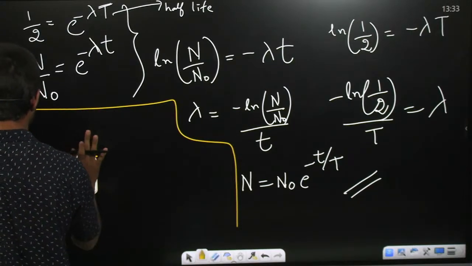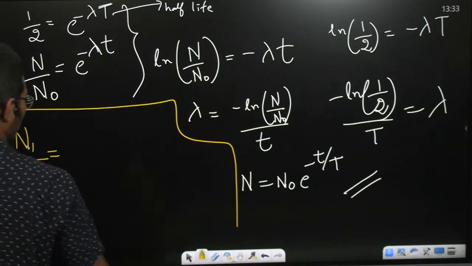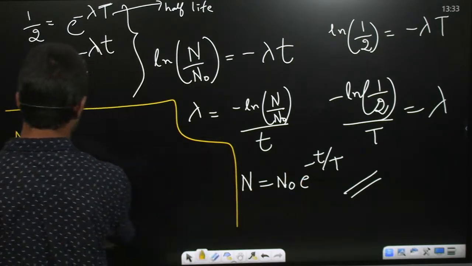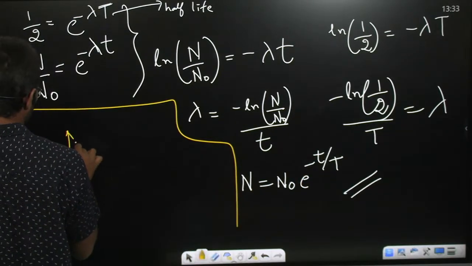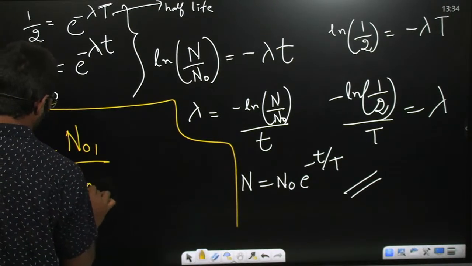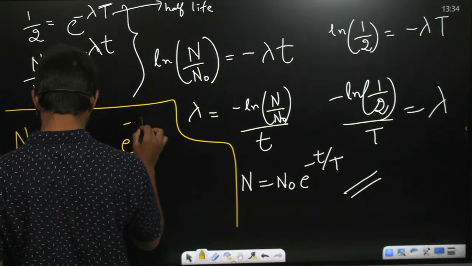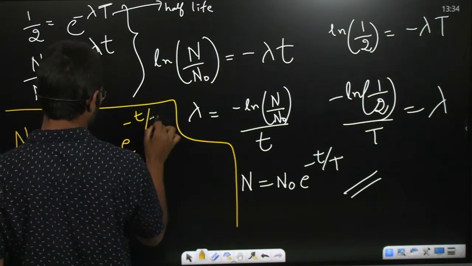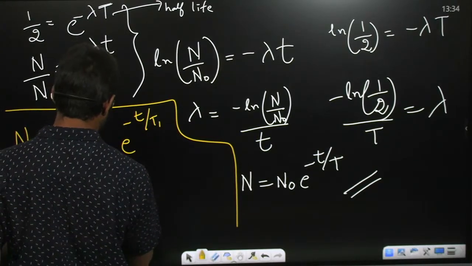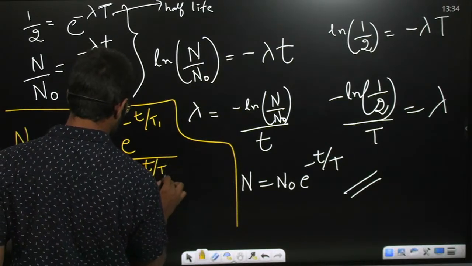We apply this: N01 by N02 into e power minus t by capital T1 over e power minus t by capital T2.